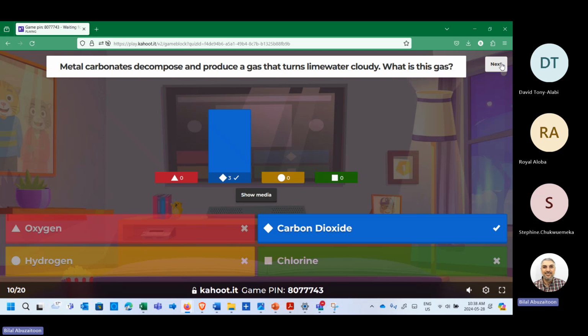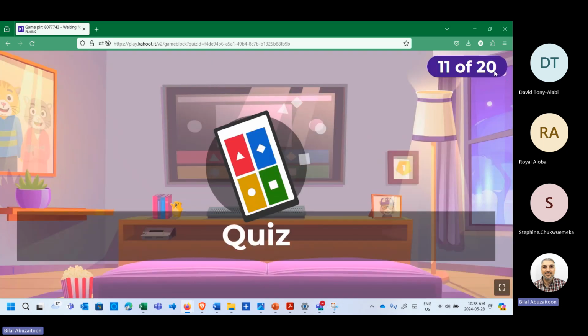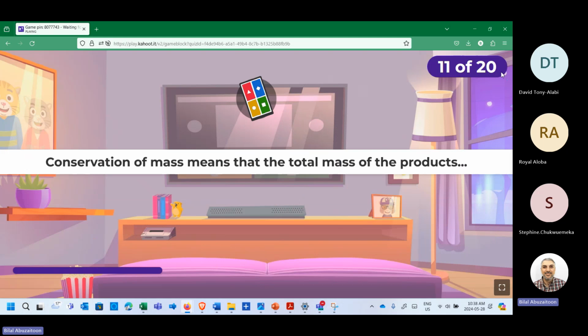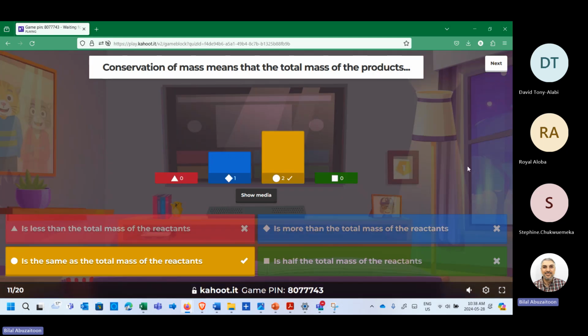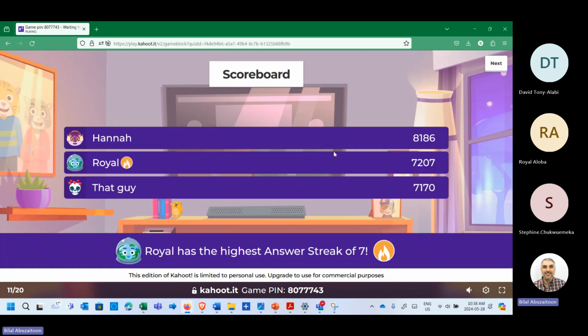Right. Same. Conservation of mass. It should be the same mass on both sides. Reactants and products.